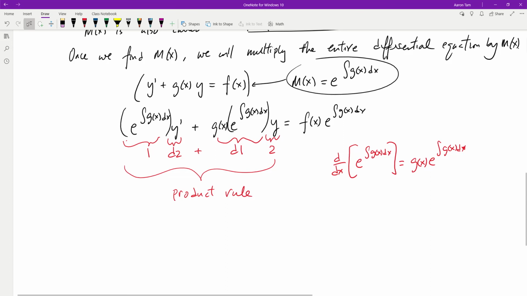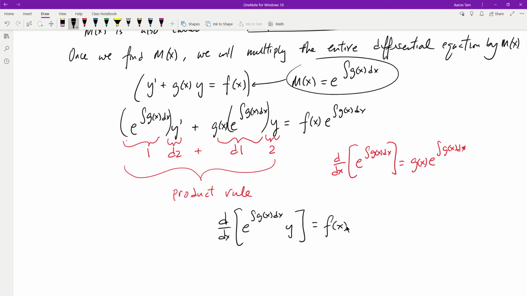So therefore, meaning that this whole side right here is actually just the derivative of product rule. So it will be e to the integral of g of x dx multiplied by y. And that technically equals f of x e to the integral of g of x dx.